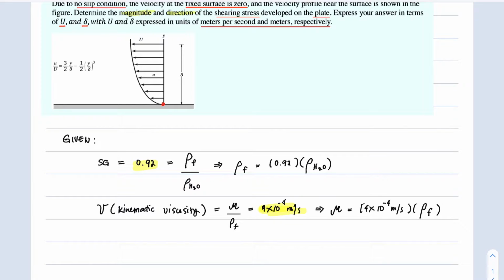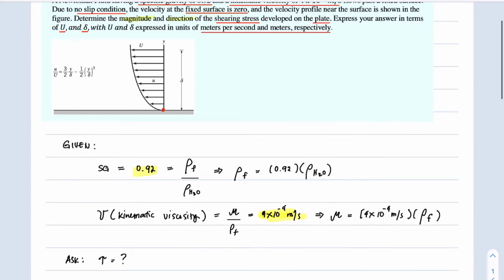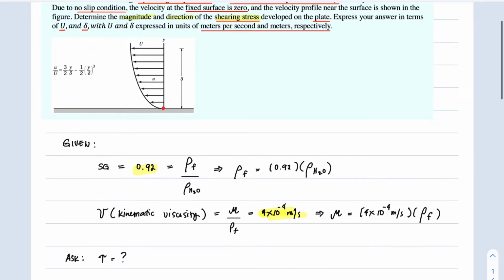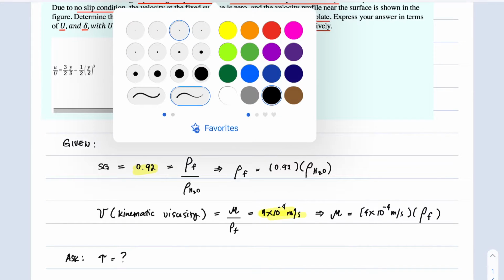Now, take note that what we are actually looking for in the problem is an expression for tau. You remember tau is the shearing stress. So as you can see here, you need to determine the magnitude and direction of the shearing stress developed. So we're looking for tau.